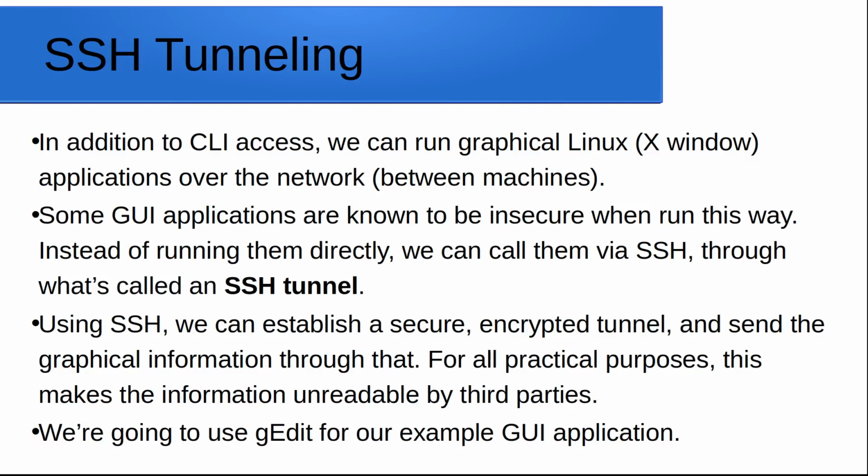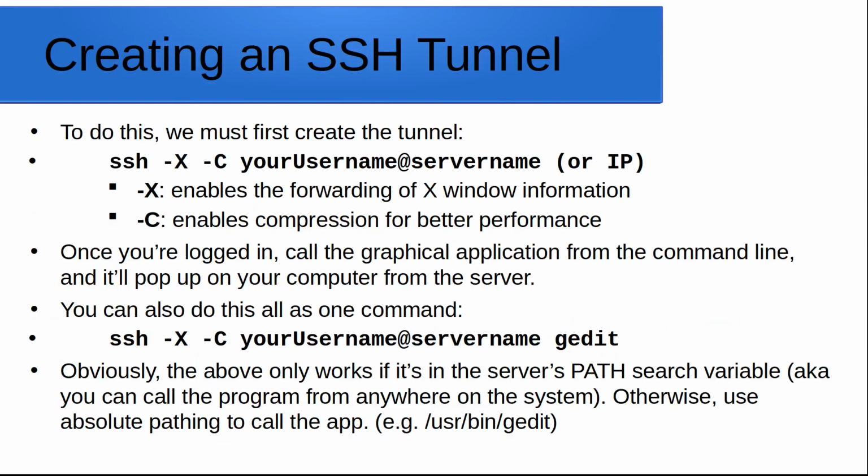It was pretty awesome. So when you do this, you create an SSH tunnel, and then you can launch graphical applications through that tunnel on your local computer as if they were actually there, but they're actually being executed on the remote machine. If that makes sense.